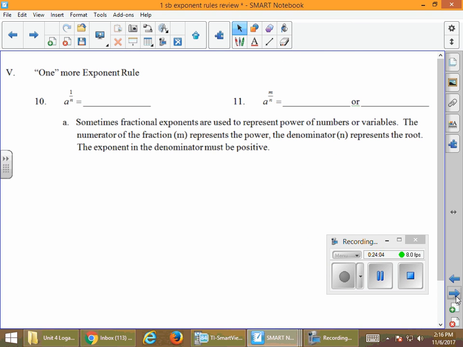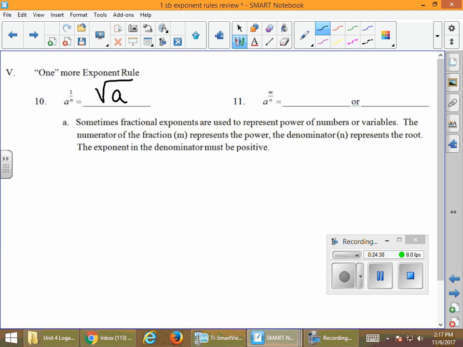One more exponent rule. When I have 2 blanks, that's why I put 1 in quotation marks. But we can have an exponent that's a fraction exponent. And when we have a fraction exponent, what it does is it converts the problem back into a radical format. So what happens then is that this a to the 1 over n becomes the nth root of a.